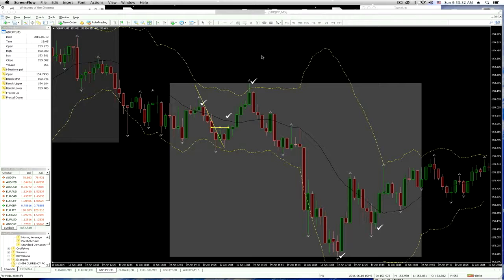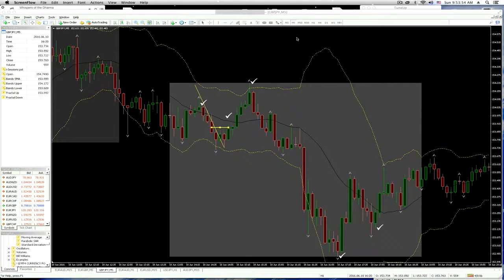So let me start. This gray box, by the way, is the U.S. session from about the open till around lunchtime, and it's a 5-minute pound yen chart. Pardon my Bollinger Band here, but I use that for something entirely different.